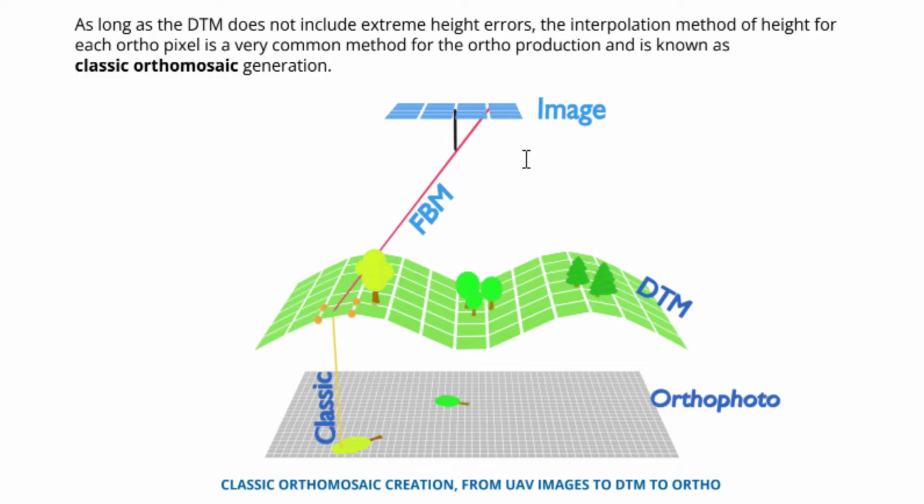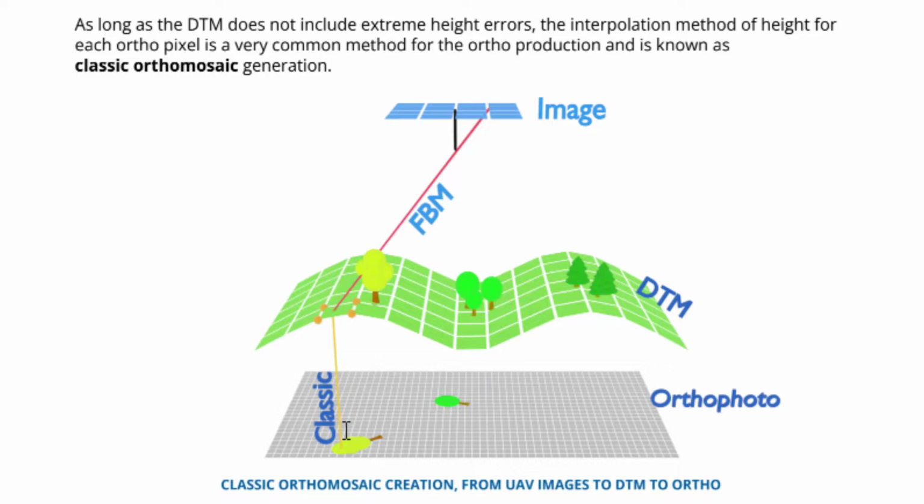But the interpolation method is a very common approach. That means as long as our DTM does not include extreme height errors, this interpolation method is enough to generate a correct orthophoto position. So the misplacement of our orthophoto pixel is not larger than half a pixel, and then it will be correctly placed in our orthomosaic, and this is why we call it classic orthomosaicing.